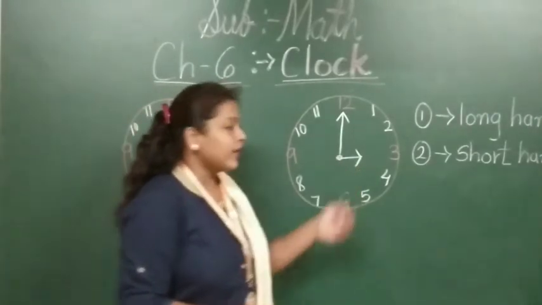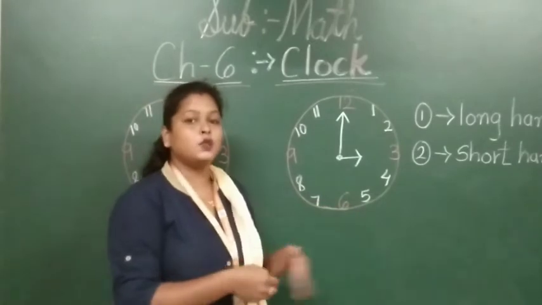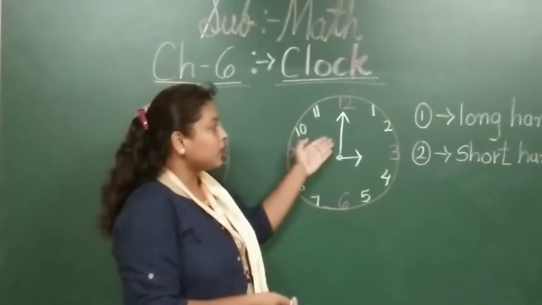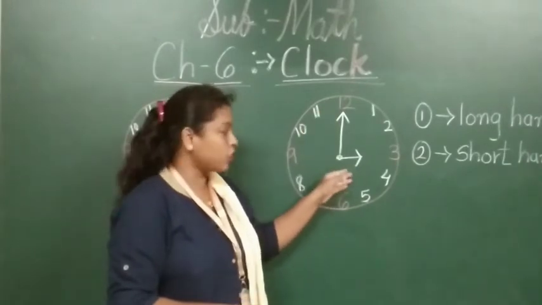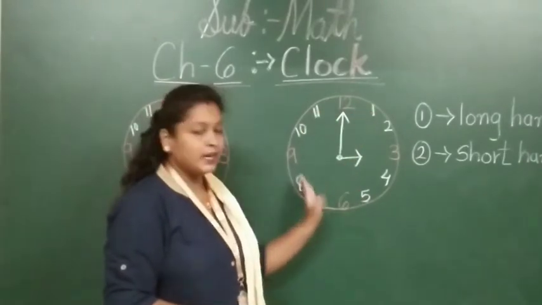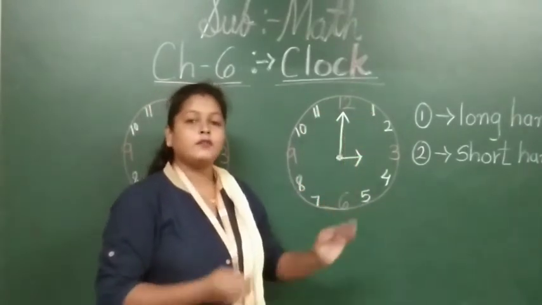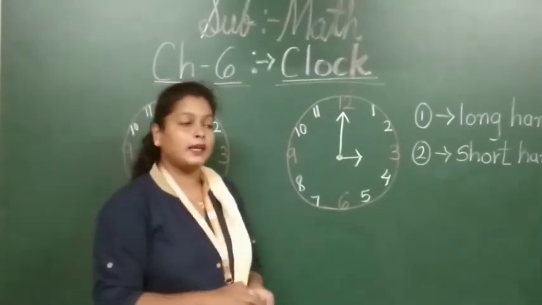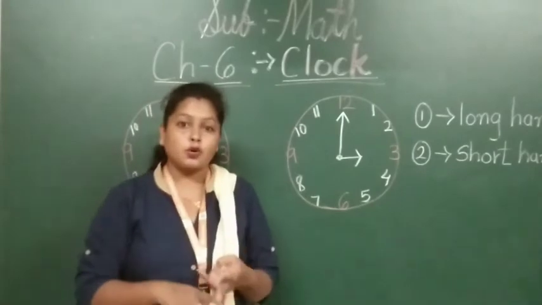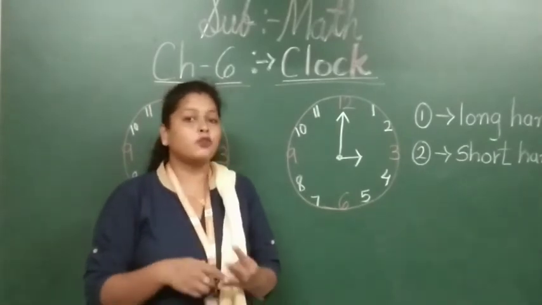Okay. So whenever you see that the bigger hand, the long hand, is on the 12 and the short hand is on any of the numbers, that will form a full hour. उससे क्या होता है? Full number बनता है. Like जैसे कि 1 o'clock, 2 o'clock, 3 o'clock, 4 o'clock.